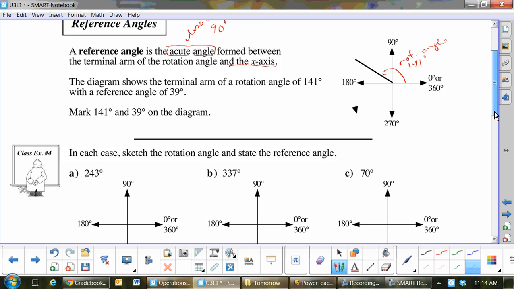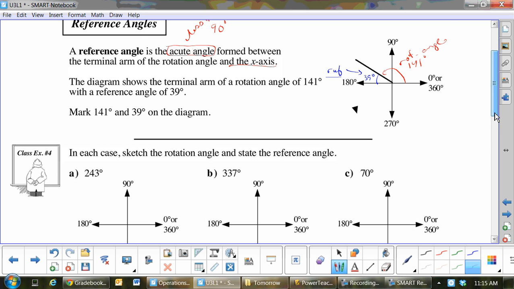The reference angle is the acute angle formed between the terminal arm and the x-axis. 39 degrees. Okay, that is called the reference angle because it is the acute angle formed between the terminal arm and the x-axis. Okay? Now the reference angle is extremely important to us. We are going to be using it a lot today. Okay? Well, this whole unit.